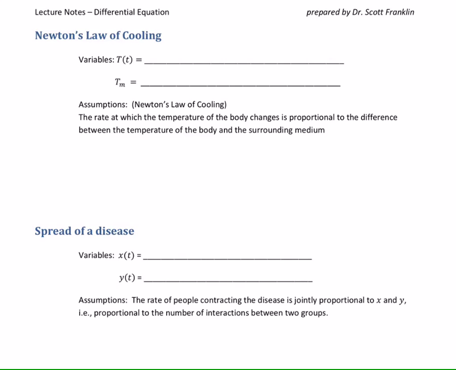Truthfully, there are elements about how the temperature is distributed throughout the body, and the amount of surface area exposed to the surrounding medium, that are taken into account. But I'm going to use a level of resolution that only knows these two variables: T, the temperature of an object at time t, and that whatever medium we throw it into has a given temperature.